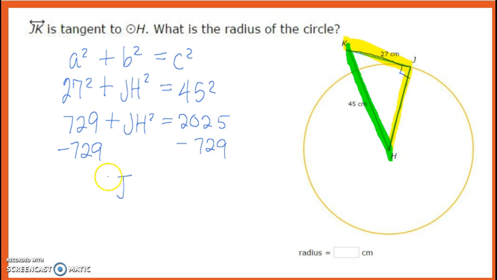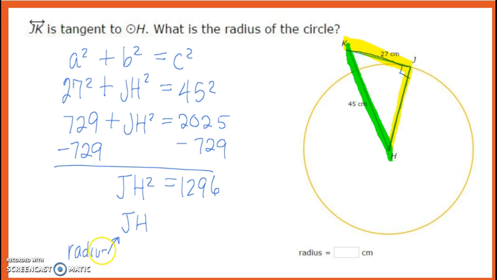And that tells us that JH squared is equal to 1,296. So to find just JH, which is again our radius that we're looking for, we need to take the square root of 1,296. And that tells us that JH is equal to 36 centimeters.